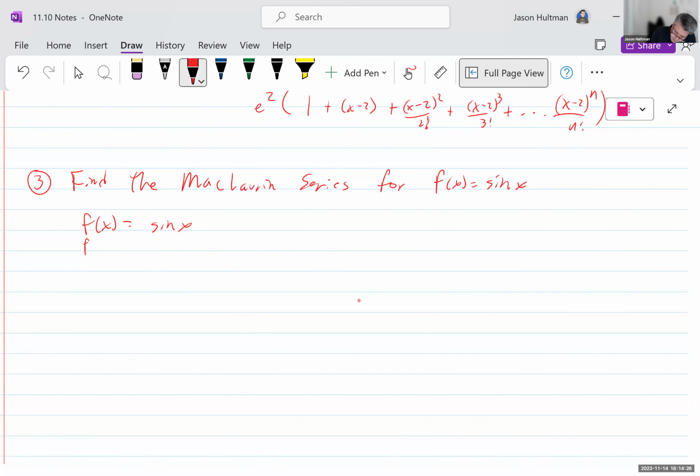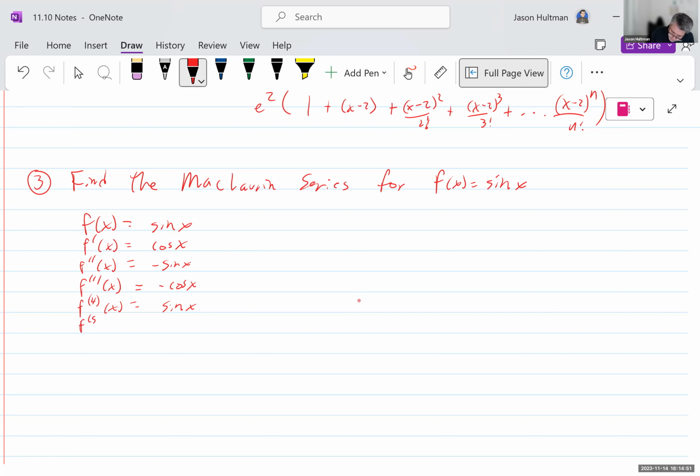So let's do f prime of x, that's cosine x. F double prime of x is negative sine x. F triple prime of x is negative cosine x. And the fourth derivative of x is equal to sine x. We're back to sine x. So this kind of just oscillates, right? Goes around in a circle.